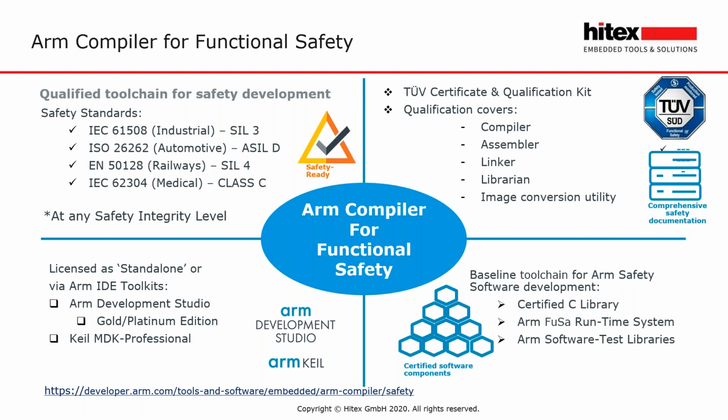And again, it's important here to understand that this is really for the compiler toolchain. So this is all of the compiler code generation binaries: the compiler, the assembler, linker, librarian, and the final image conversion utility. So everything that you need to get from source code down to an Intel hex file.